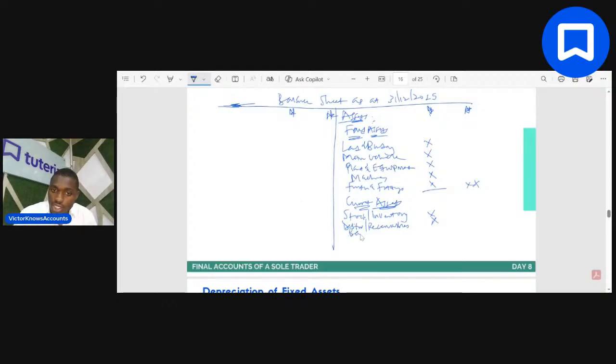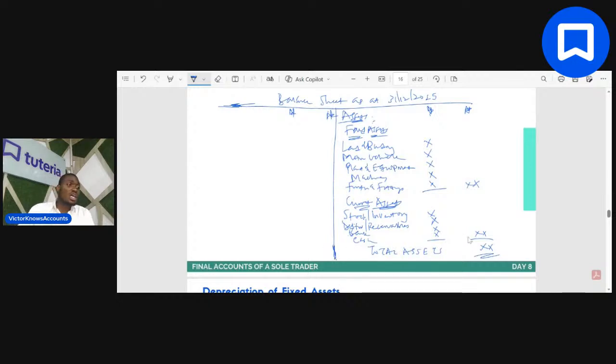We have bank, cash. Let me just stop there because of space. Then you have something here, it is called total assets. So this is your assets.